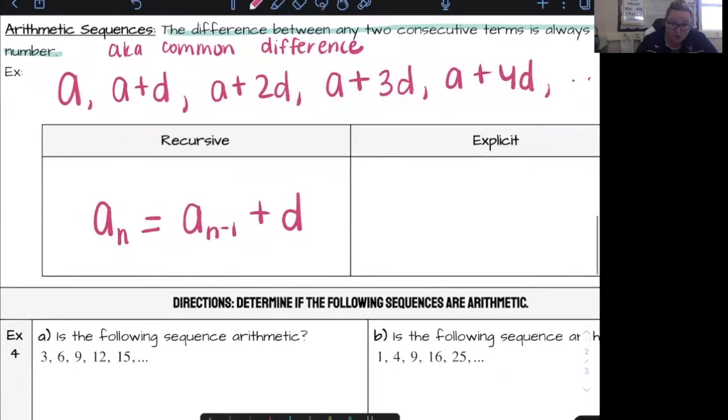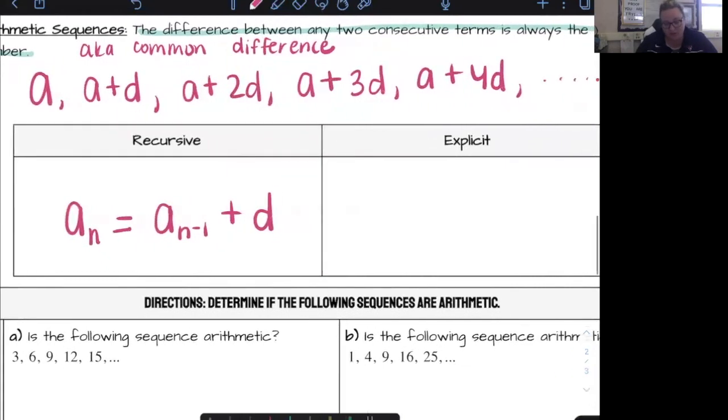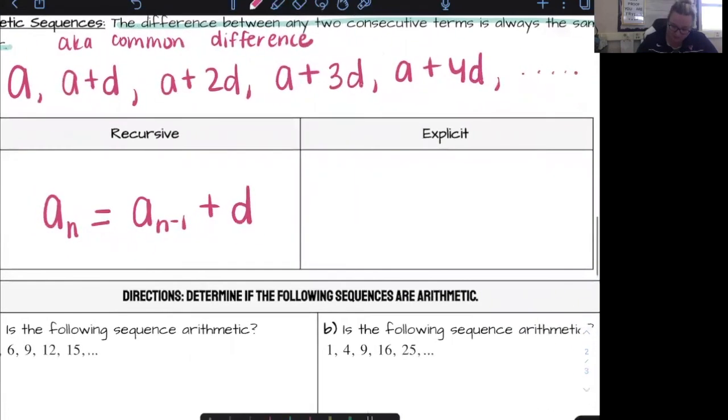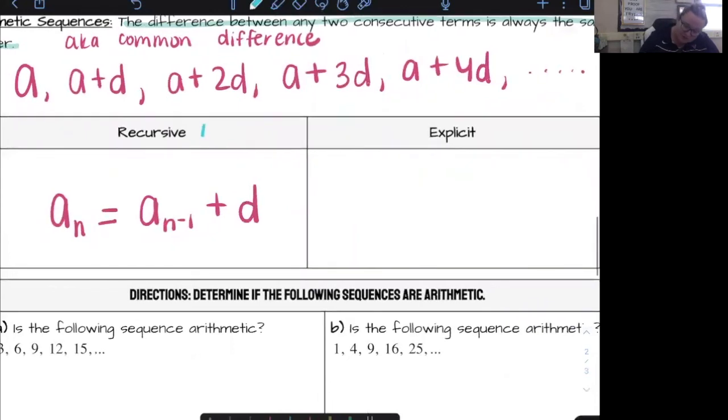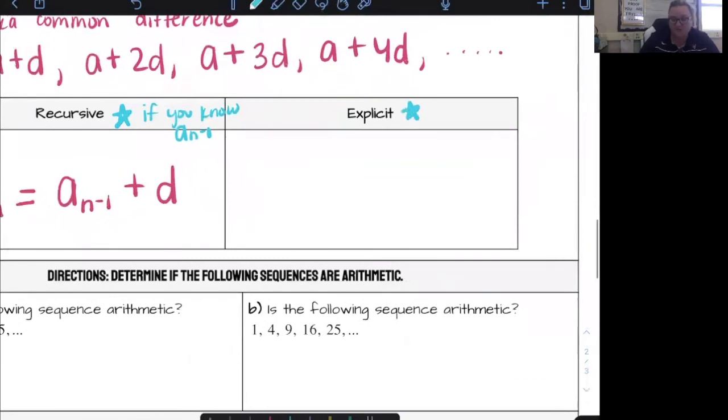But if you don't know the previous term, then you're going to use an explicit formula.